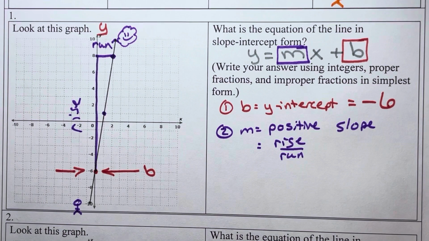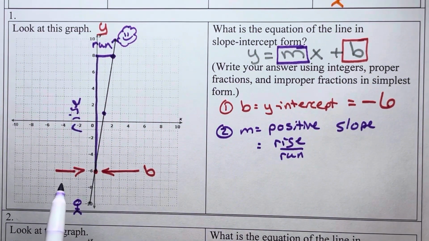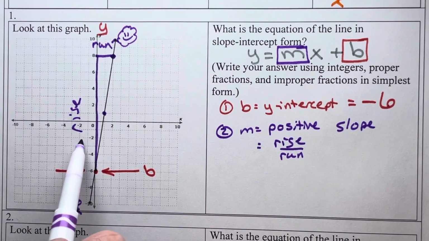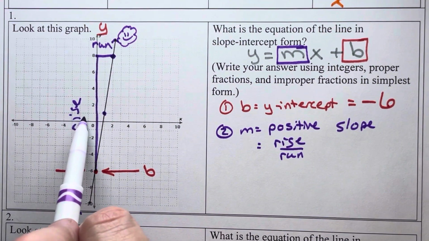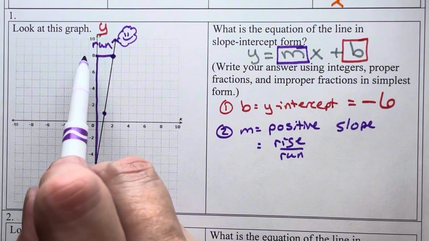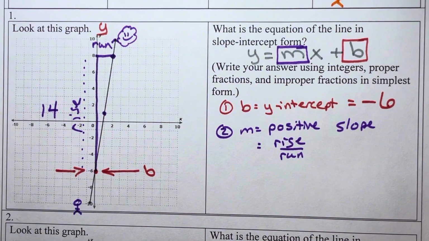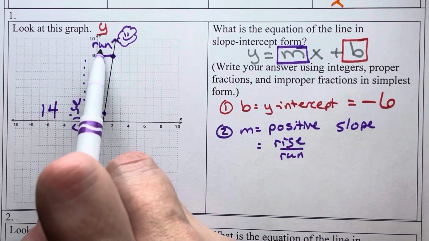So our rise, as the scales for x and y are the same, our rise happens to be, count the boxes, 1, 2, 3, 4, 5, 6, 7, 8, 9, 10, 11, 12, 13, 14. 14. And our run happens to be 2.